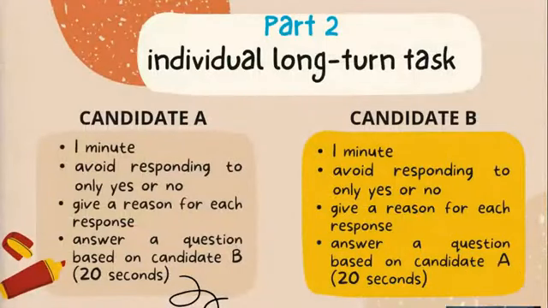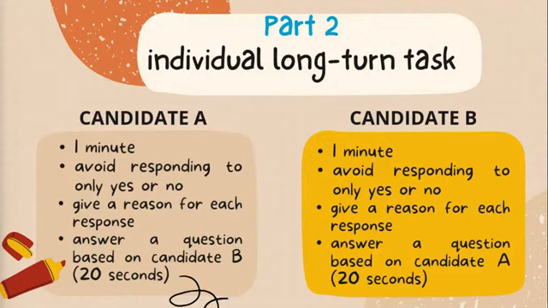In this part, the candidates will be asked to speak for about 1 minute each based on the given task. For candidate A and also candidate B, the same time is given for them to present their ideas, or to talk about the topics given.